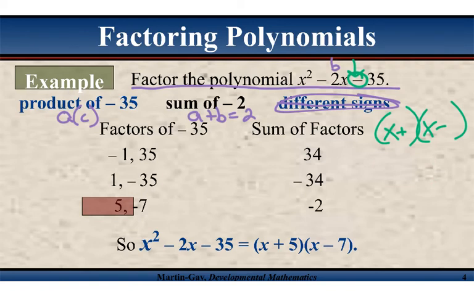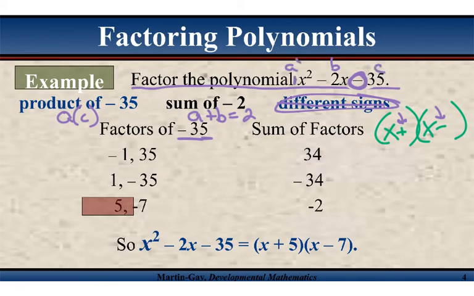So anytime, let me say it one more time, anytime this symbol is negative, your factors are going to have a plus and a minus. Okay. So let's see why. So factors have to equal negative 35. So a times c. So 1 is my a. Remember, this is x squared, so this is a 1.